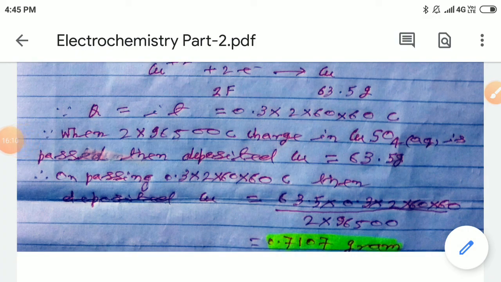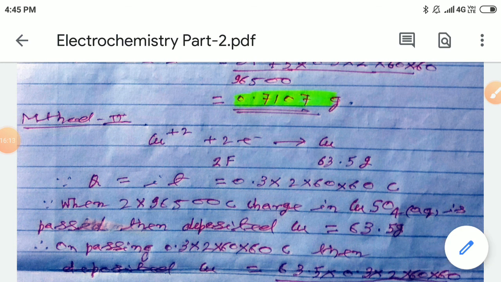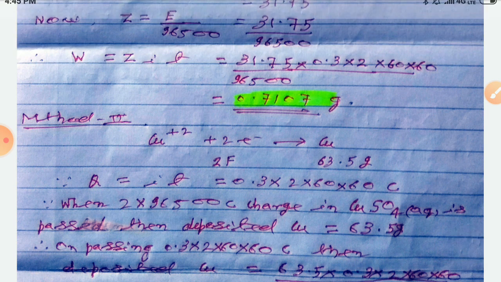2 moles of electrons, we may write as 2 Faraday. 1 Faraday has the charge 96,500 coulomb. Therefore 2 Faraday will be 2 into 96,500 coulomb. In this reaction, 1 mole of copper ion takes 2 moles of electrons and gives 1 mole of copper element, meaning the deposited copper at the cathode is 1 mole. 1 mole of any element is equal to its atomic mass, and the atomic mass of copper is 63.5.